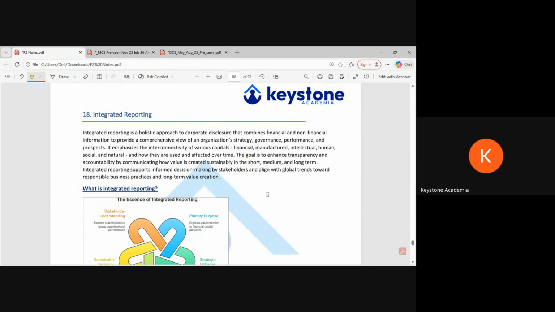So this chapter, integrated reporting, is part of F3 also. What they are trying to say is we need to make more disclosure to the stakeholders, so that they can make better decisions. Therefore, they have used the words holistic approach. Holistic approach does not mean we should not do financials.